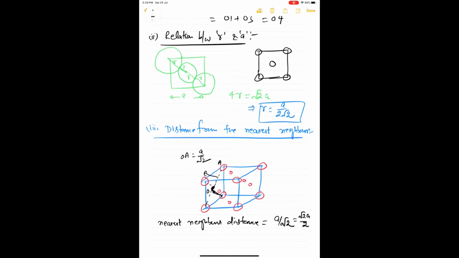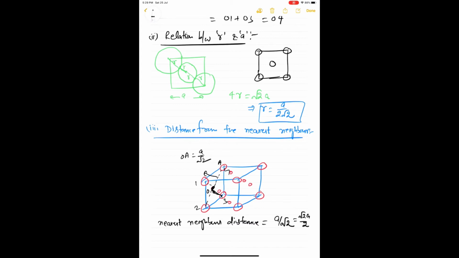Okay, and in the figure itself, if we concentrate on this O atom at the center, the closest atoms present in the vicinity are these four atoms that I have written here, 1 2 3 4.